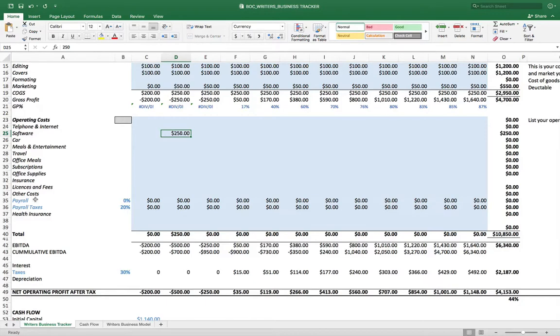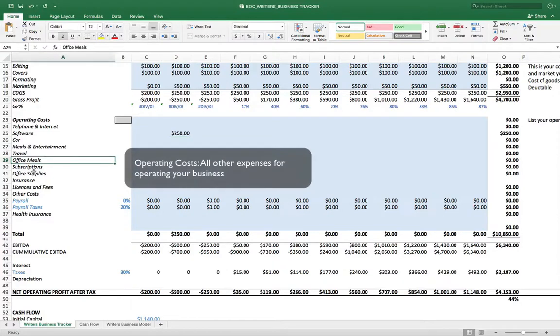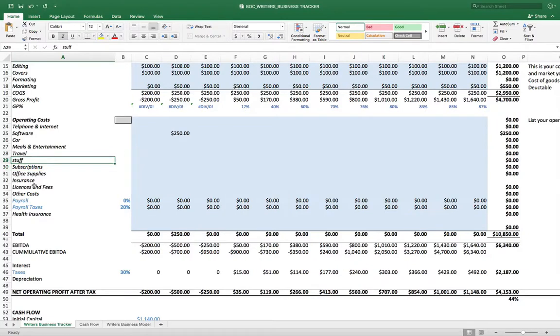We've got a list of operating costs here. Some of the typical ones you see in a business. Of course, there are more, and what you decide to put in here can change. You can always change these to other things. I would make sure that you're being as detailed as you possibly can and capturing things in the appropriate categories.